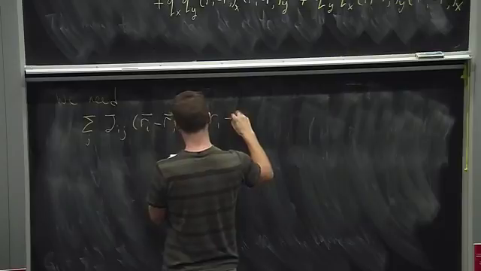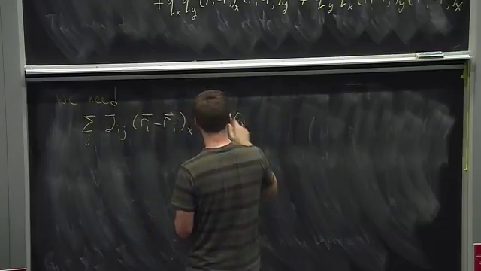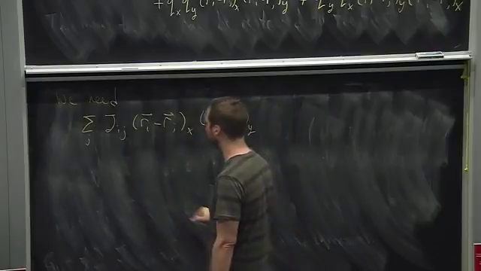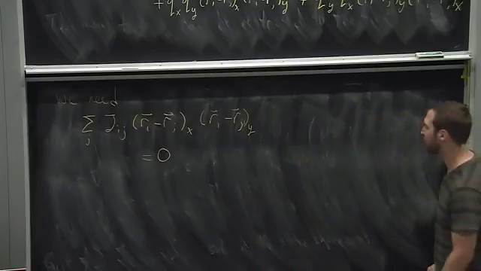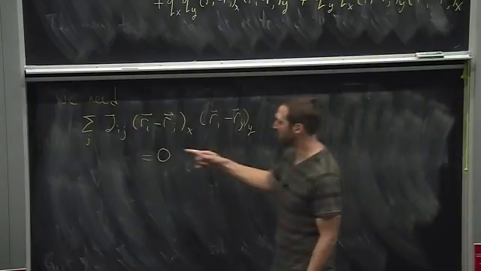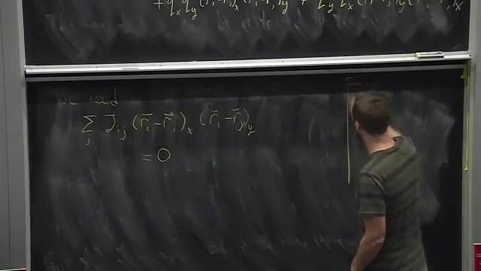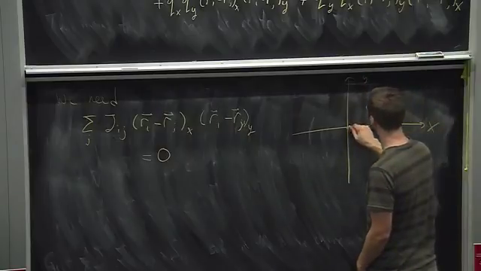Say, for example, ij, x and y. We need this term to be 0, which means we have to make an assumption about this again. So imagine you have a lattice site i.